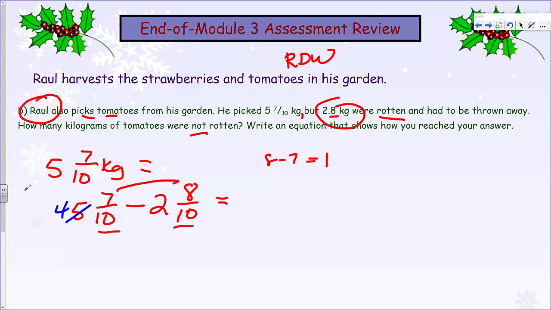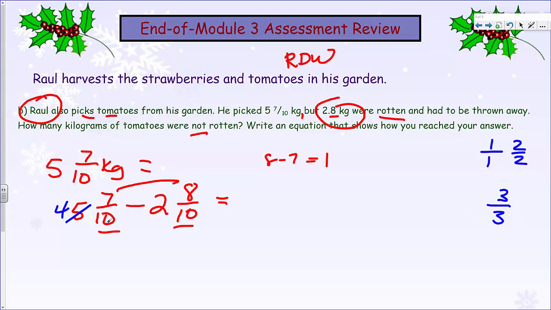One whole means I need to get that whole over to the fraction, because the numerator is the one that needs the help. One whole is 1 over 1, it's 2 over 2. It's actually any numerator over a denominator with the same number, because 3 divided by 3 is 1, 2 divided by 2 is 1.